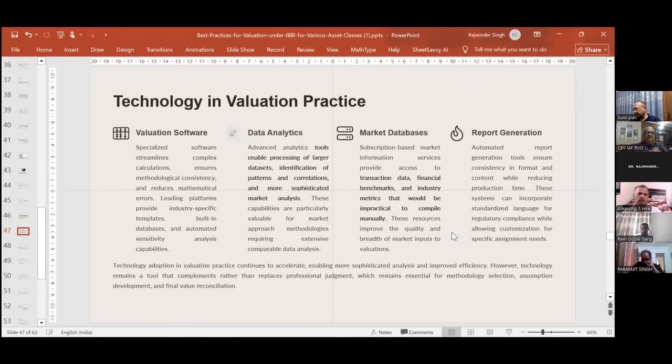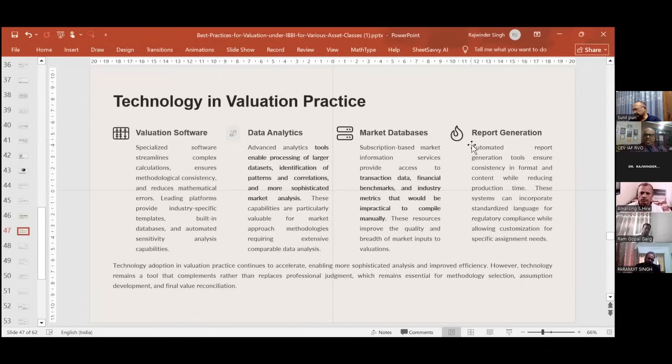So nowadays these are available online. These resources improve the quality and breadth of market inputs to the valuation. But you have to be very careful while you are using this data. They may or may not be reflecting the true picture. So you have to verify that data also at your level.